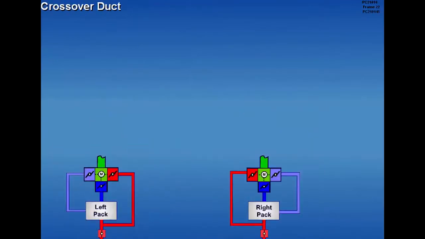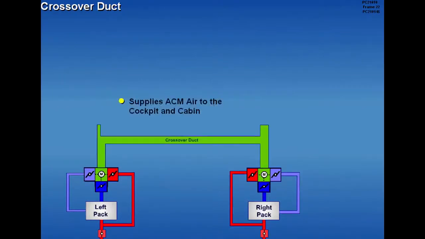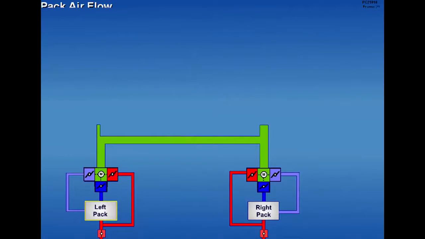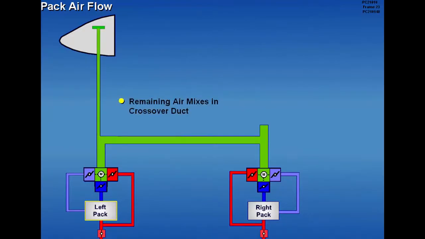Air leaving the air mix valves enters the air distribution system at the crossover duct. The crossover duct supplies ACM air to the cockpit and cabin. Normally, the left pack supplies a small amount of air to the cockpit, and the remaining air mixes with the right pack air in the crossover duct.